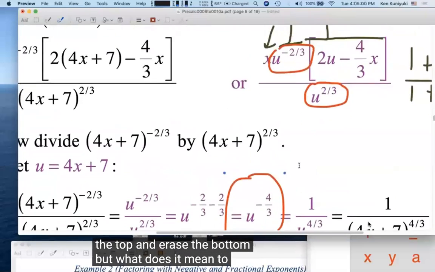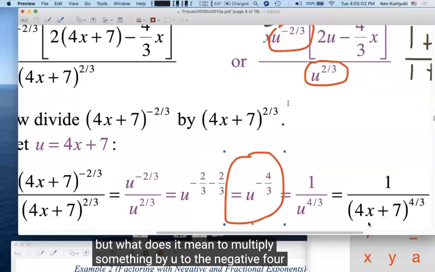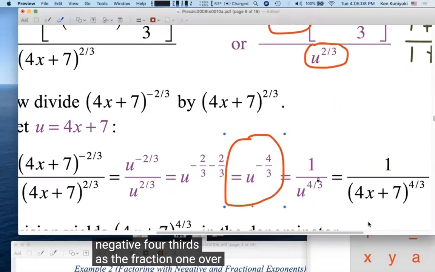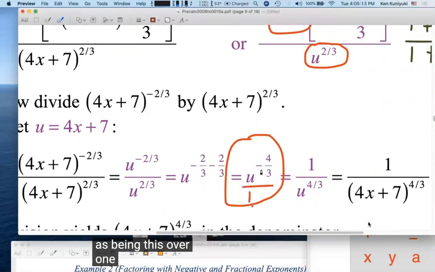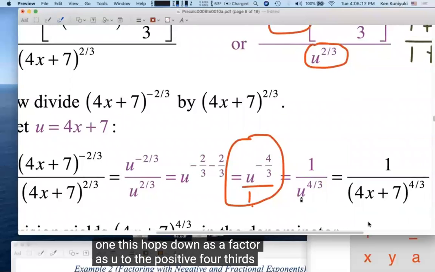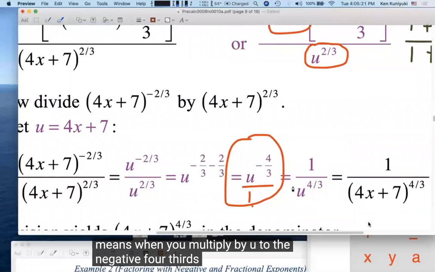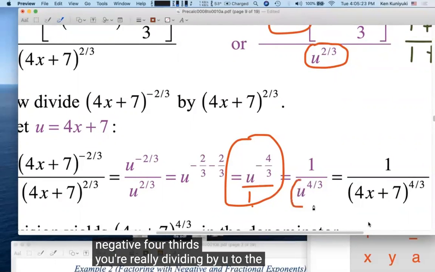But what does it mean to multiply something by u to the negative 4/3? Well, how can we write u to the negative 4/3? As the fraction 1 over u to the positive 4/3. Now think of this as being this over 1. This pops down as a factor as u to the positive 4/3. Which means when you multiply by u to the negative 4/3, you're really dividing by u to the positive 4/3.